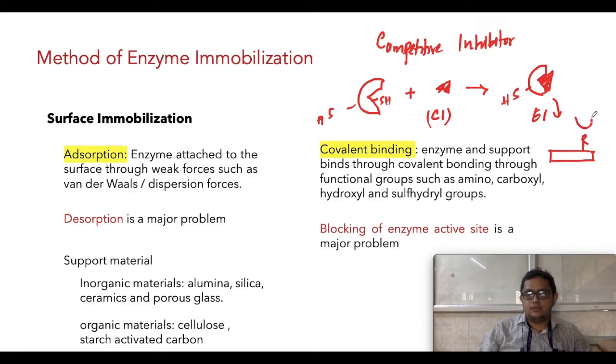The only possible way to attach is like this. Only this functional group enables the immobilization. This is the one trick that we can always use to avoid the problem of blocking of the enzyme active site.